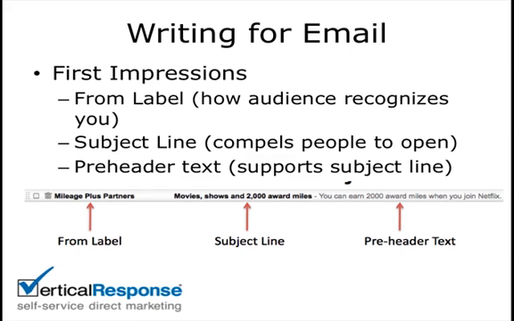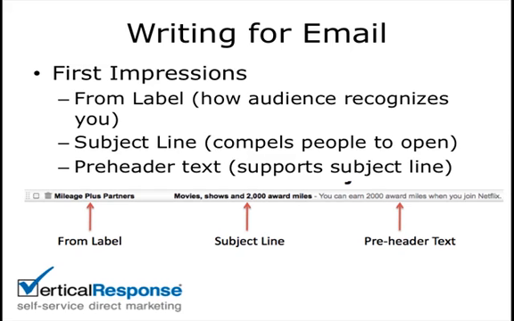The longer your email is and the further into it they get, the more likely you're going to lose the people along the way. So one of the things to keep in mind with your email is what's at the beginning. And what's at the very beginning is your from label and subject line, and that's what the first impressions are. So when you're writing for your email, again, from label, you've probably heard me say this before unless this is your first VR webinar demo.